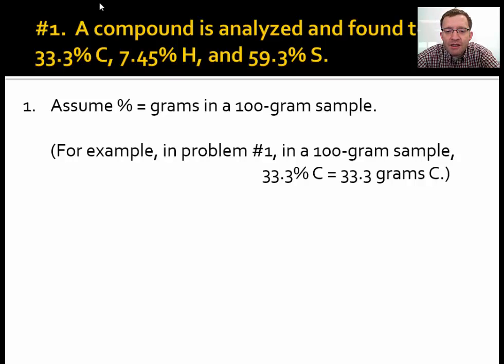So, for example, in problem number 1, it tells us that there are 33.3% carbon atoms in this compound. That means that if we had a 100 gram sample of this compound, there would be 33.3 grams of carbon. So we can make that assumption for carbon, for hydrogen, for sulfur. There would be 7.45 grams of hydrogen and 59.3 grams of sulfur in this compound. We're making the assumption that we simply can make percentages into grams out of 100.